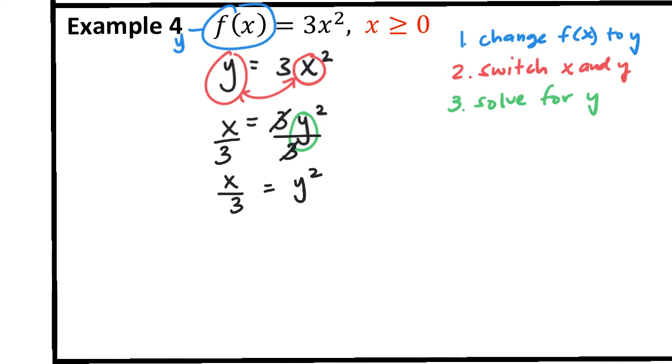So I'm still solving for y. So I need to get rid of the square. So the opposite of squaring is square root. But I need to square root both sides. So I'm going to copy the left side equals, and the square root and the square cancel, so that leaves me with y.